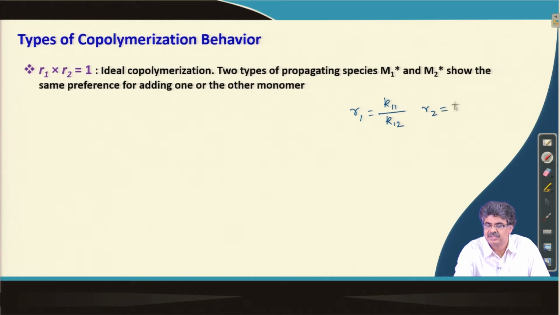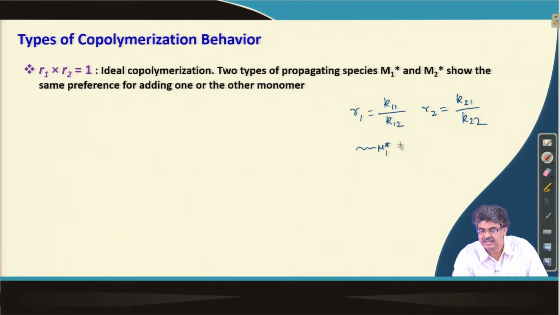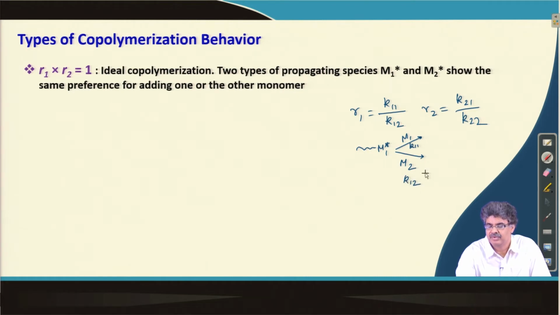Similarly, r2 is k22 by k21. So, if I have M1 star, it can react with M1 or it can react with M2. So, this is k11 and this is k12.